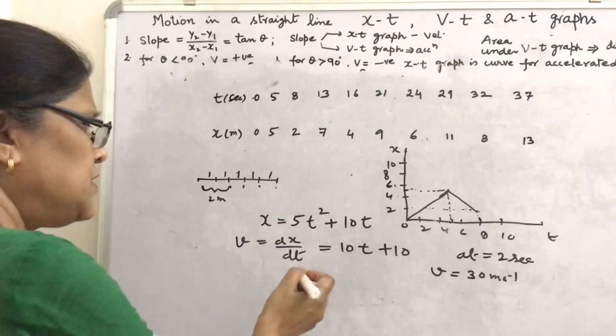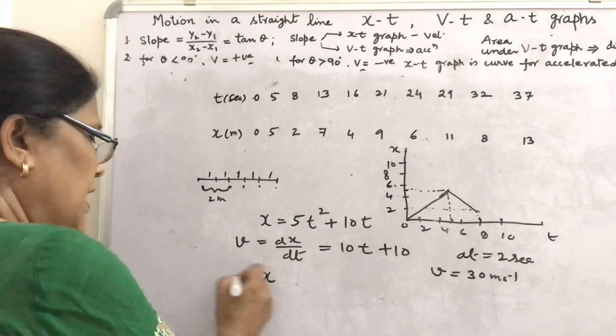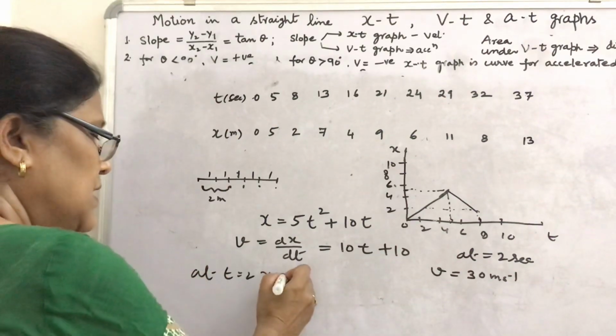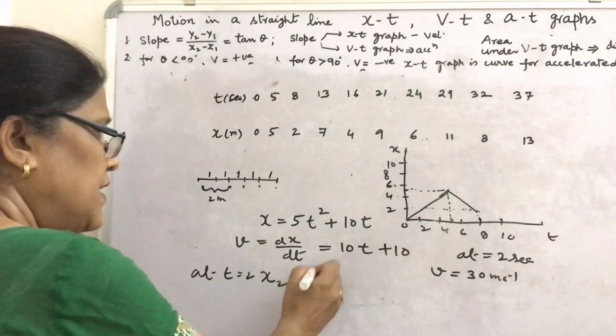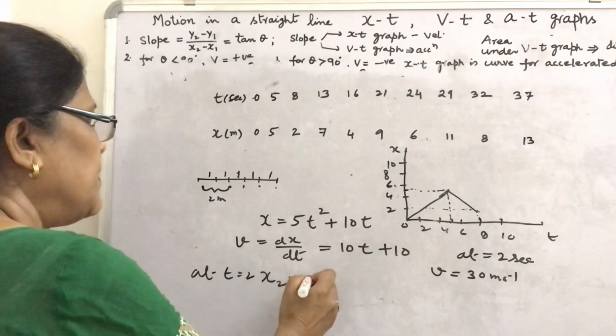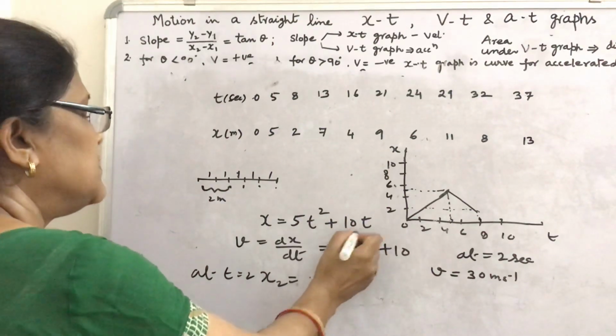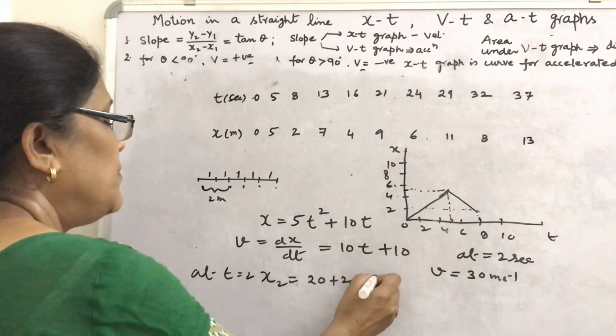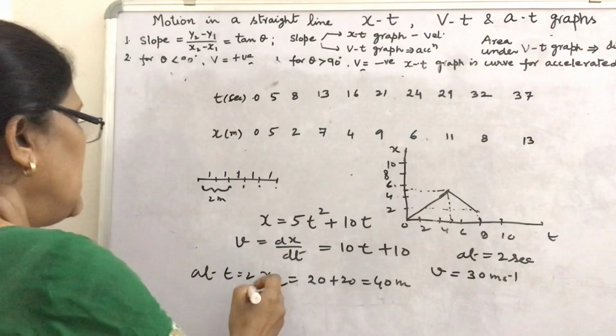Similarly, for average velocity, at t equal to 2 seconds, what will x be? That will be x2: 2 square is 4, 5 fours are 20, and 10 times 2 is again 20, so this will be 40 meters.